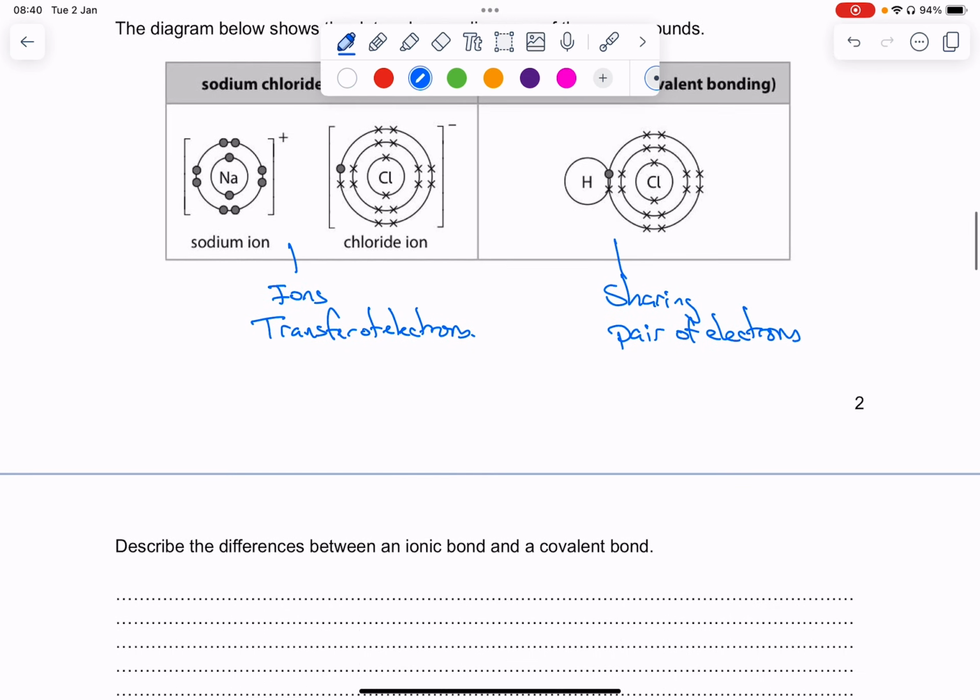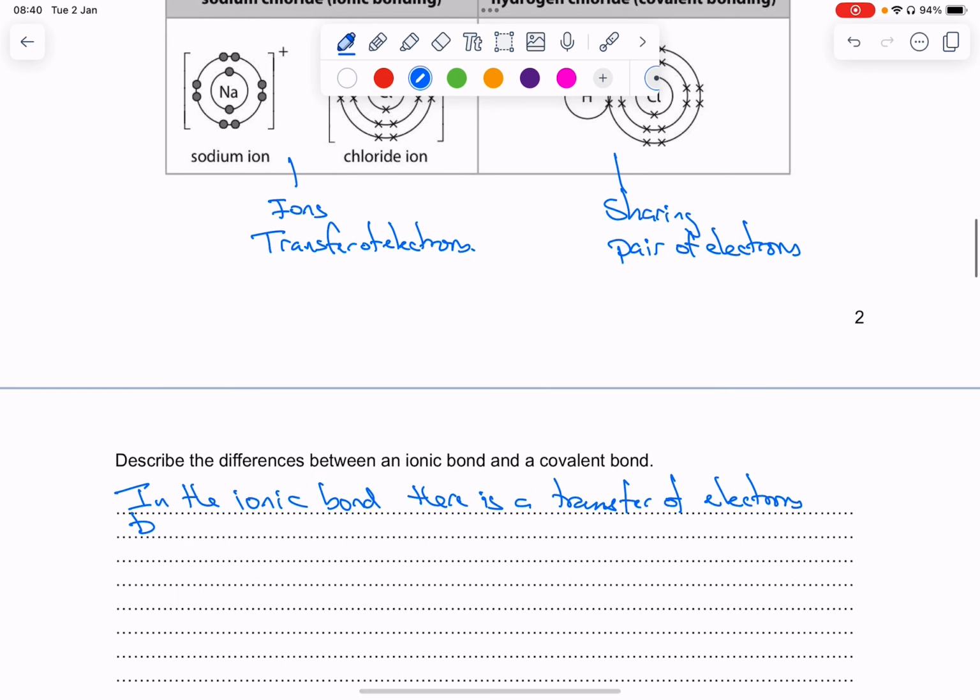So it says describe the differences between these. So I would say in the ionic bond, there is a transfer of electrons between the atoms.